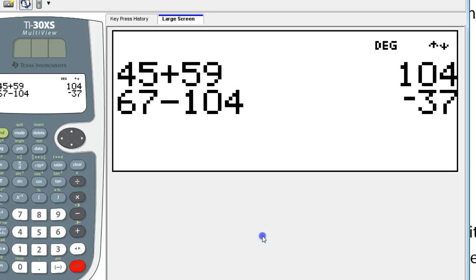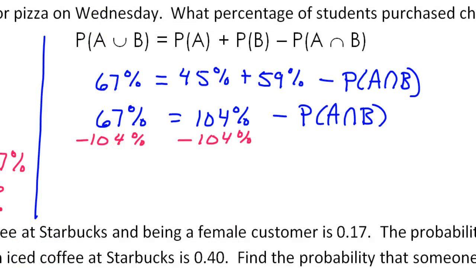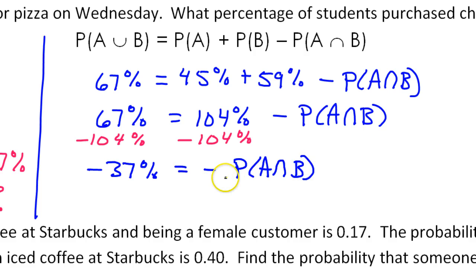That's negative 37% is equal to the opposite of the probability of A and B. We don't want either one of these things to be negative because it doesn't really make sense. So we're going to divide both sides by -1.